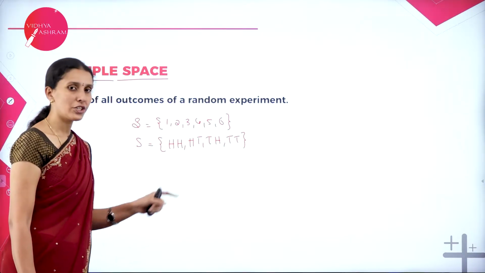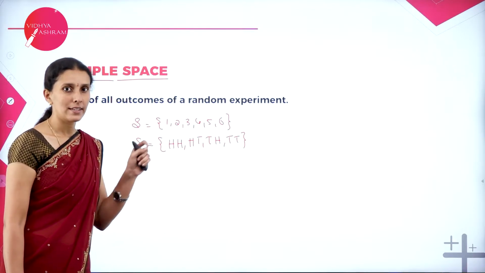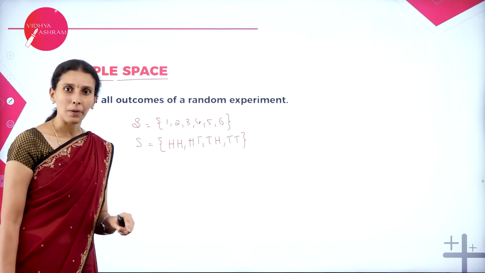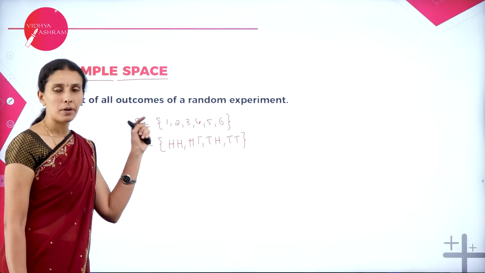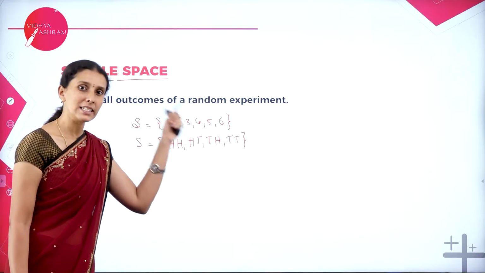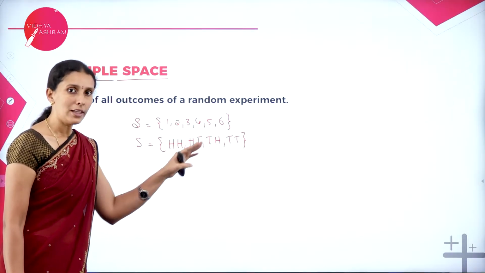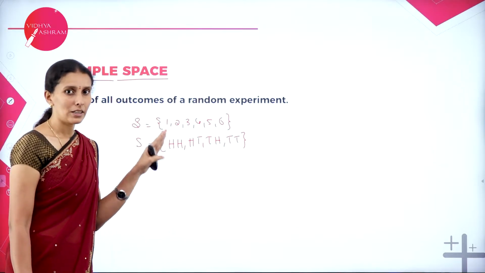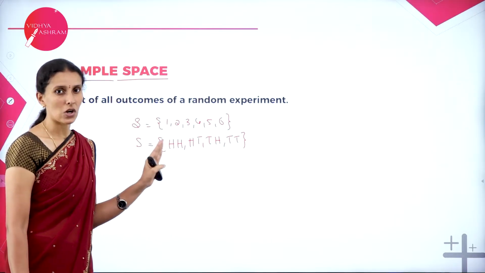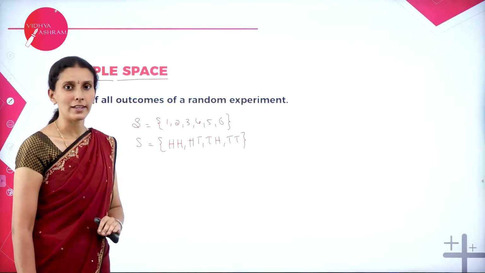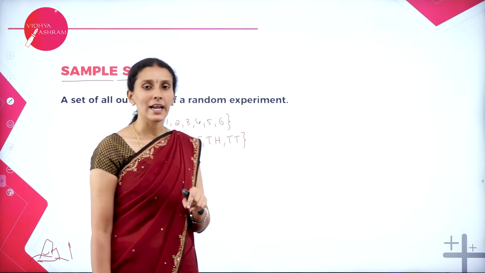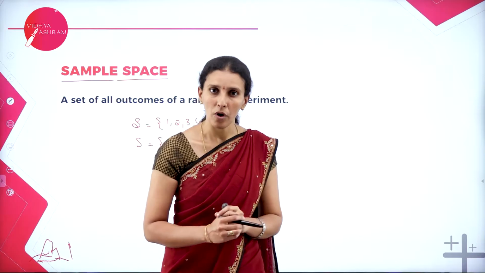For example, HH is a sample point, HT is a sample point, TT is a sample point. Here 2 is a sample point, 3 is a sample point, 6 is a sample point. So all the outcomes of an experiment written in the form of a set is called the sample space of an experiment, and the elements inside it are called the sample points.